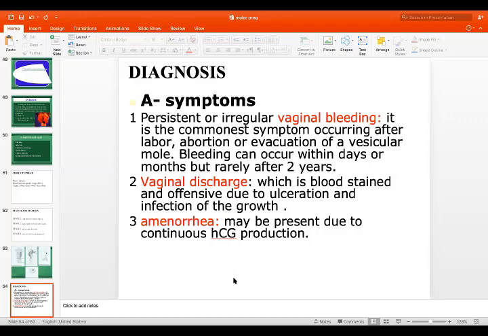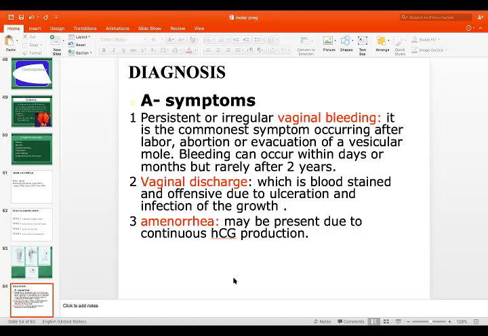If a patient has a vaginal delivery, abortion, or evacuation of a vesicular mole, or an ectopic pregnancy, and she is continuously bleeding for months, but rarely after 2 years. So it is the main symptom. So you must have a suspicion of choriocarcinoma.